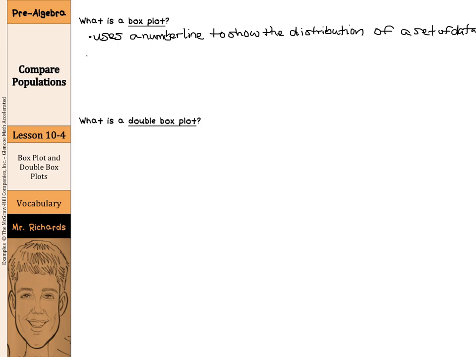It divides data into 4 parts using the median and quartiles.